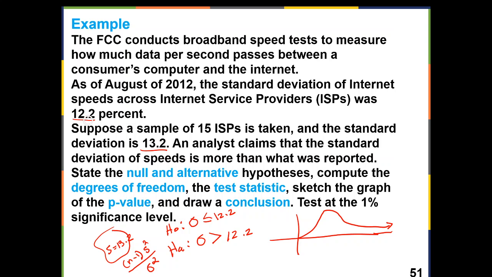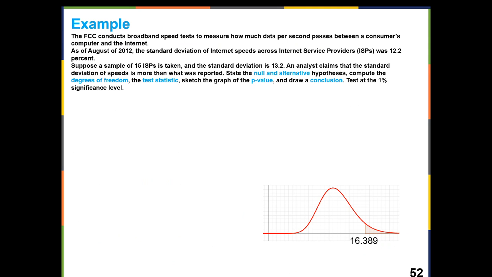That right there is sigma, so we have to square it here. This also is S, so we have to square it. This is our chi-squared number, and we're going to bring it here. It's a right tail test. Put it here, wherever it is, and find the p-value.